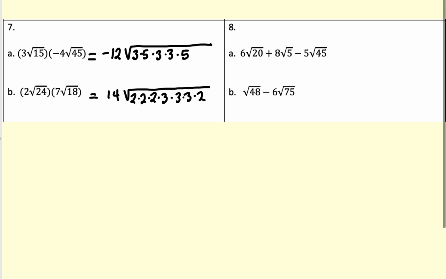All right, so let's go ahead and do our problem. We cannot add these together until we simplify. So we are going to take 6 root 20, and root 20 is 2 times 2 times 5, and 8 root 5 can only be 8 root 5, minus 5 root 45.